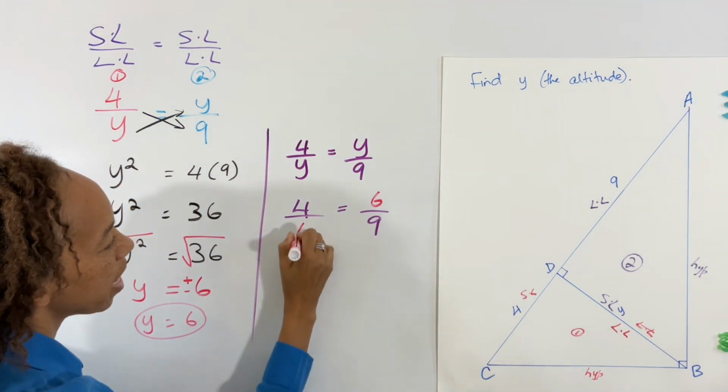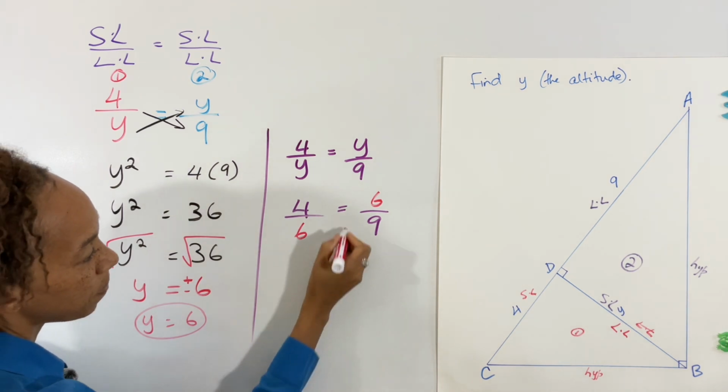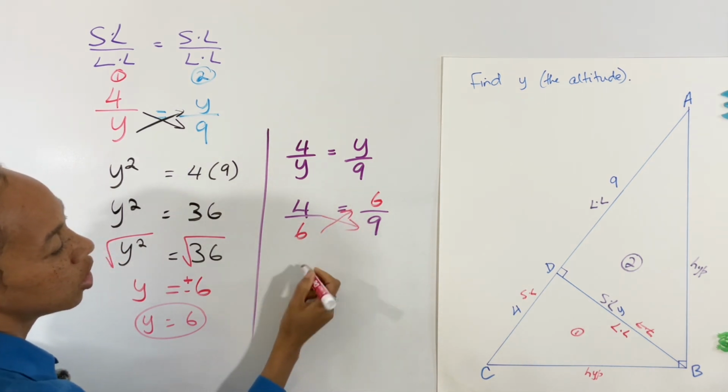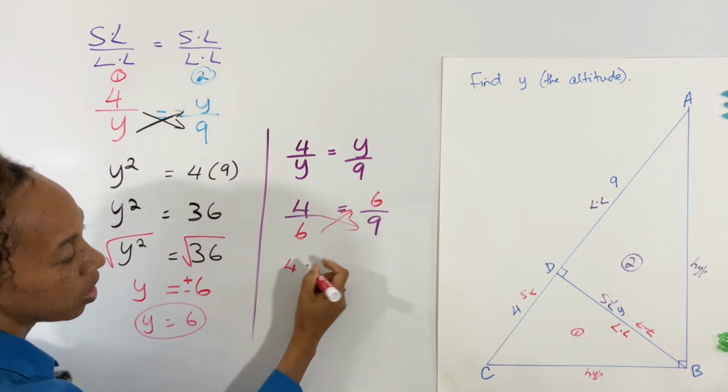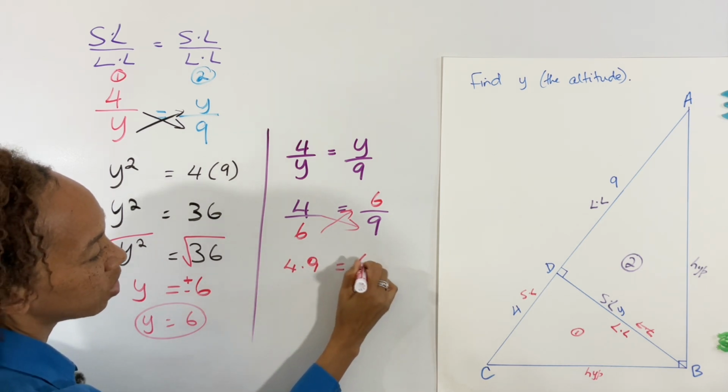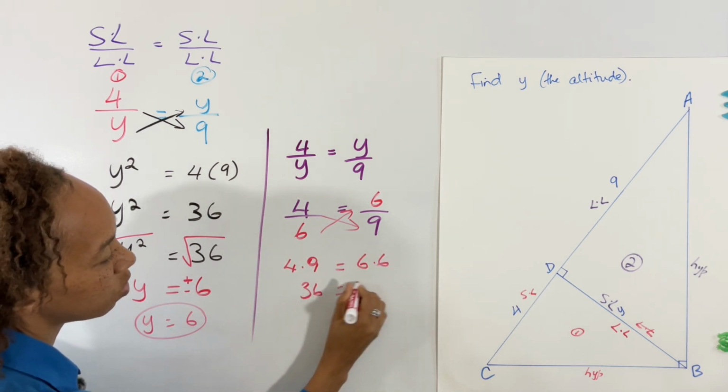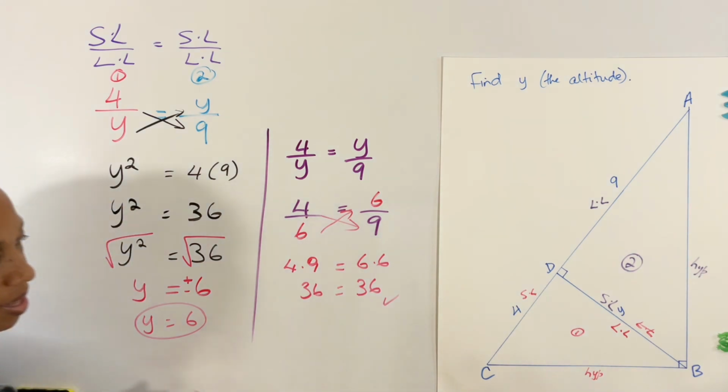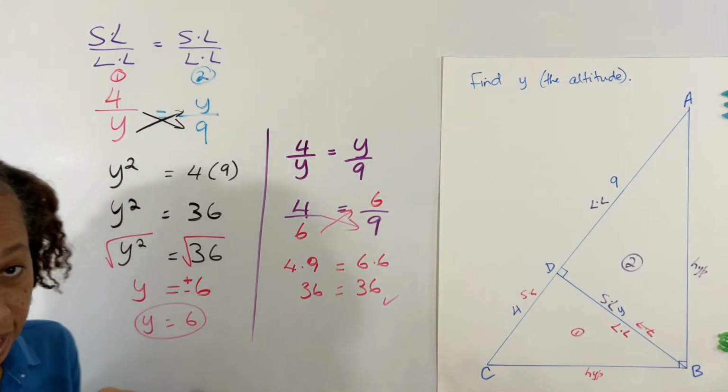So 6 goes here, and we're going to cross multiply. 4 times 9, and then set it equal to 6 times 6. So 36 is equal to 36. So yes, that is correct. And that's how you check your work.